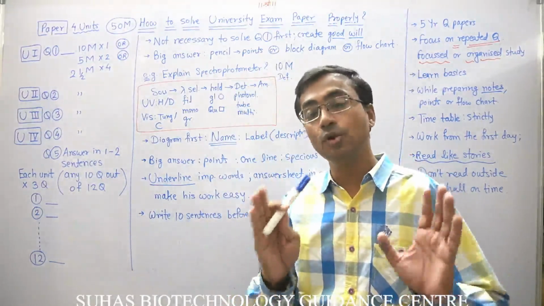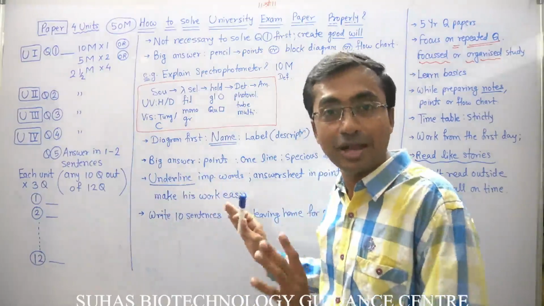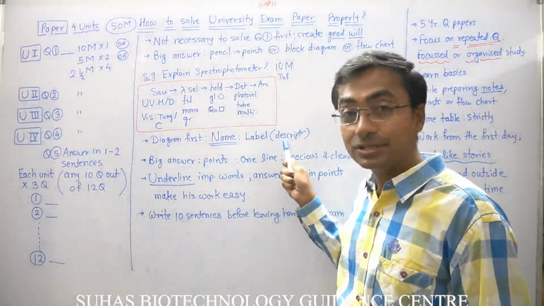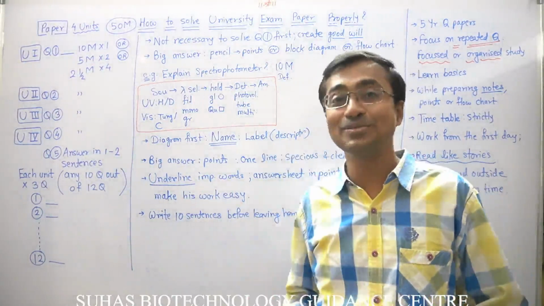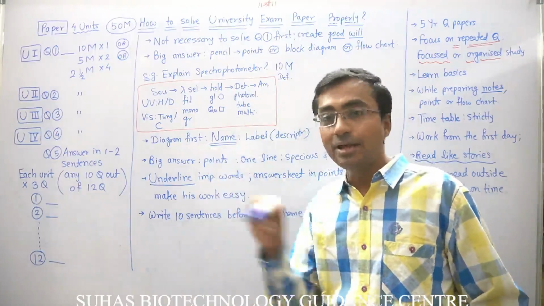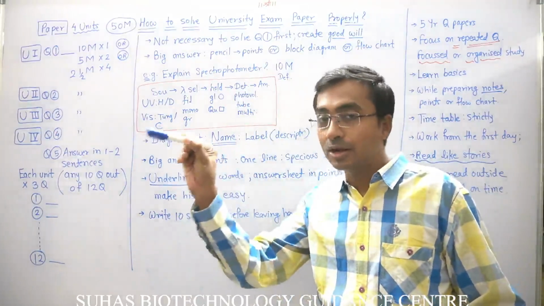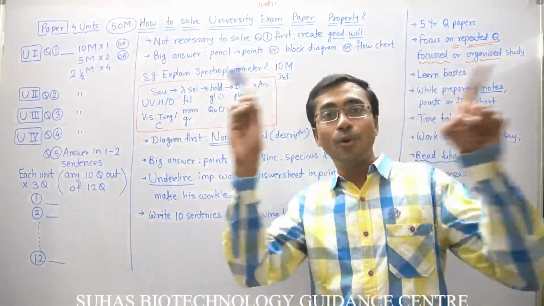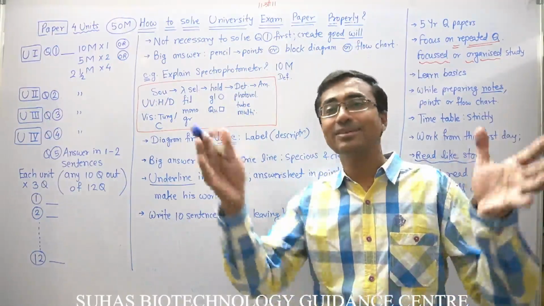It means we will lose the marks of the diagram. Similarly, we have to label it properly, and a label itself might include some description. Suppose I have a diagram and I have labeled it, and beside every label I have written 1 or 2 points. Then my whole answer is ready with that diagram.